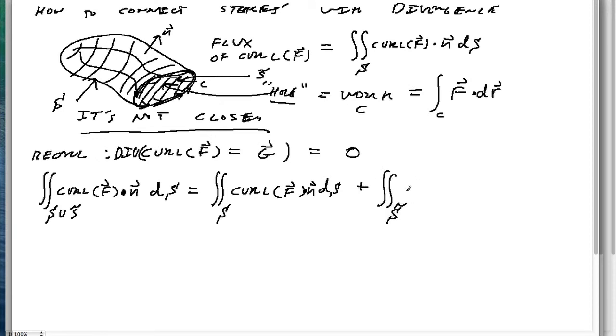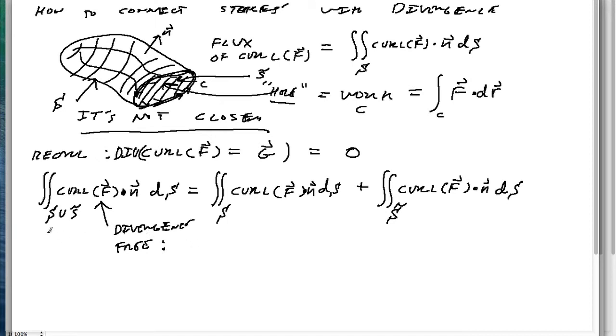Call that S tilde again, curl F dot N dS. Okay, so we know that this is divergence free. Right?